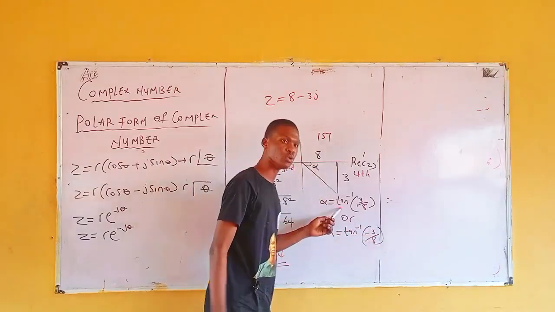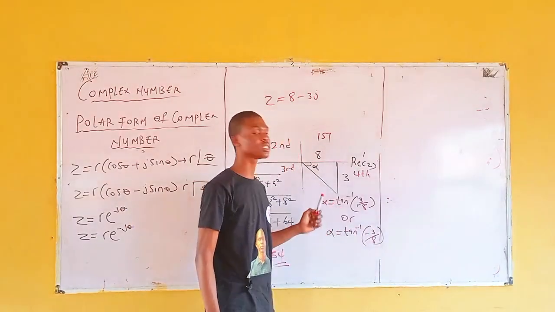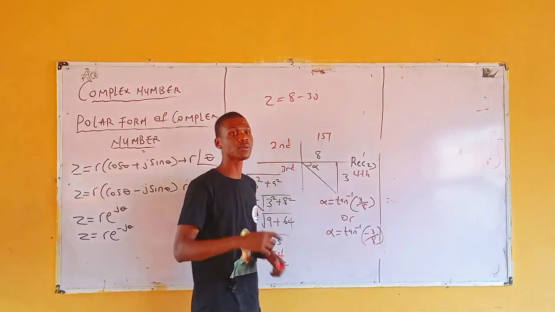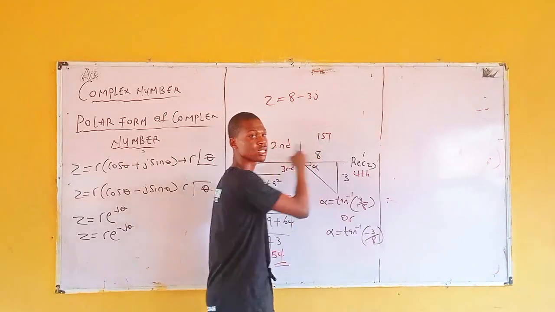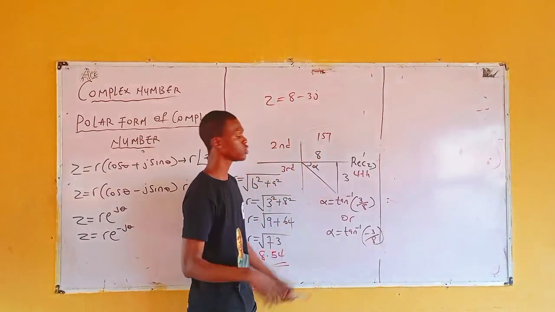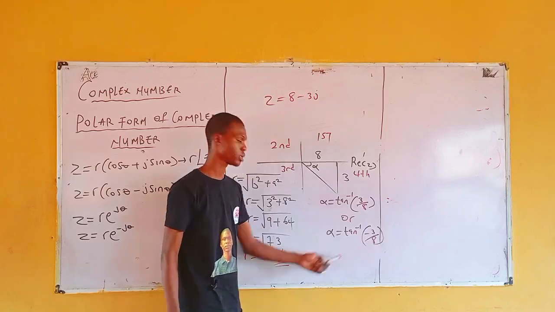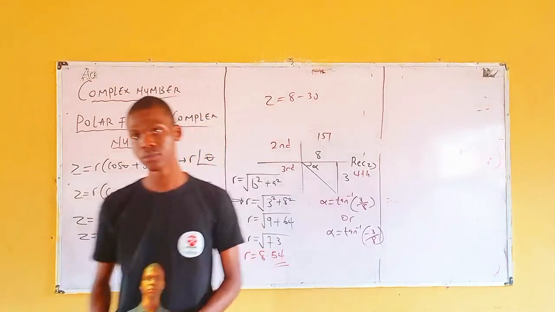You get the same thing. This negative helps you to know the orientation of the angle, not necessarily that you substitute it in. You get my point? So that's how it works.